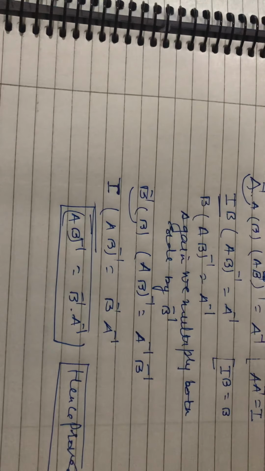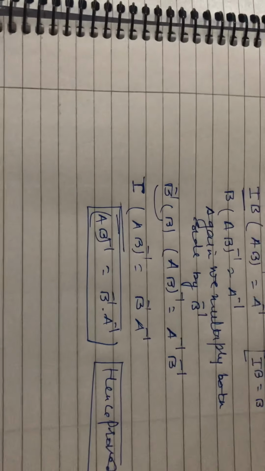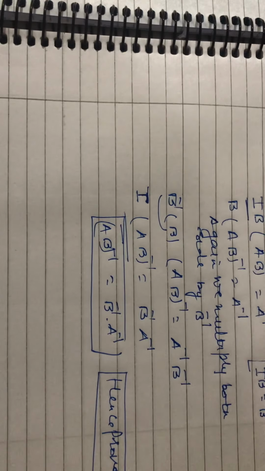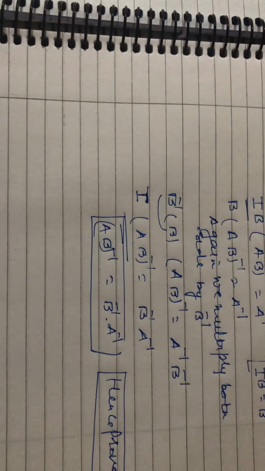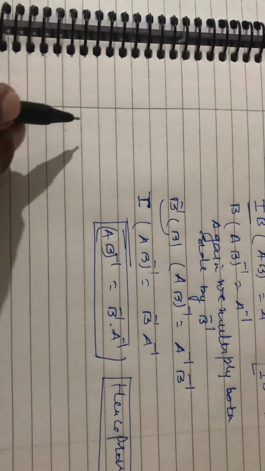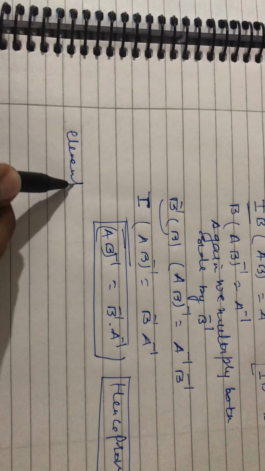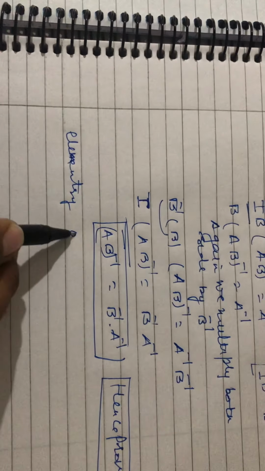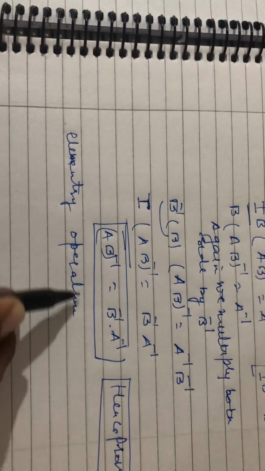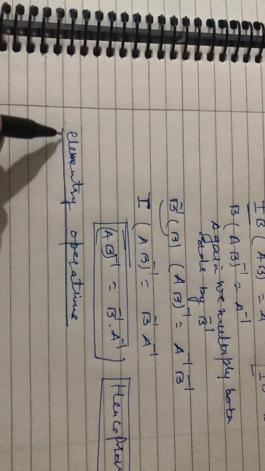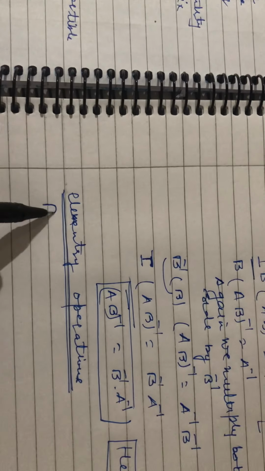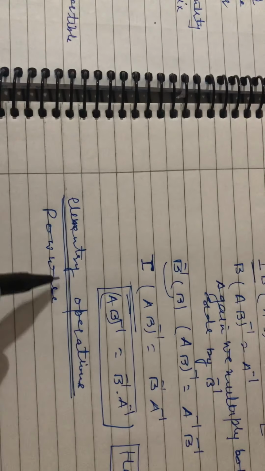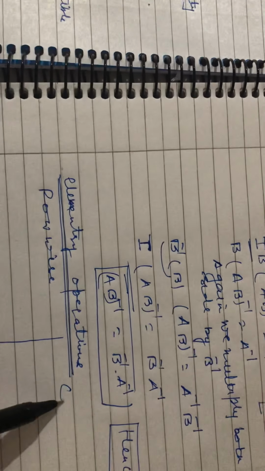Now we will study the elementary operations of a matrix. We can apply these operations either on a row or a column, row wise or column wise.